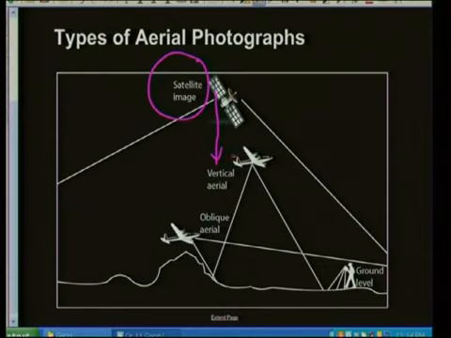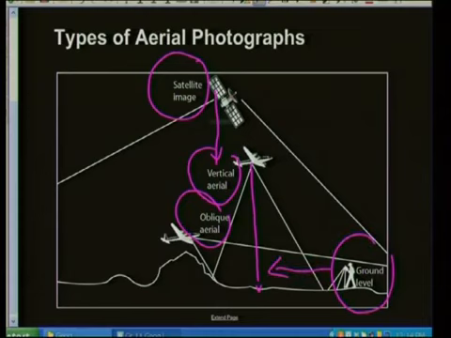We've got a vertical aerial photograph, which takes photographs directly from above. We've got oblique aerial photographs, which take it at an angle. And we've got our ground level photographs. Very common. You always take a lot of ground level photographs with your cell phone or your camera or at functions. So see, it's nothing foreign to you. You already know many of these things. All right, let's go further.